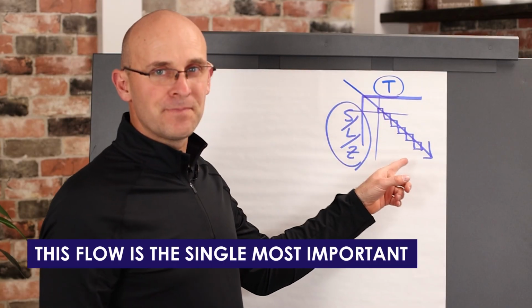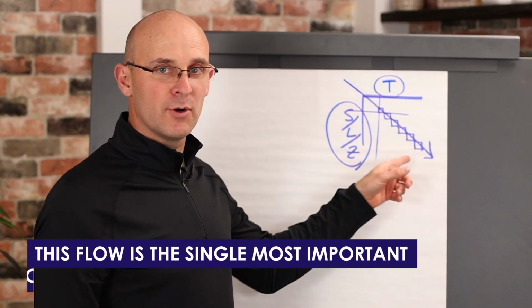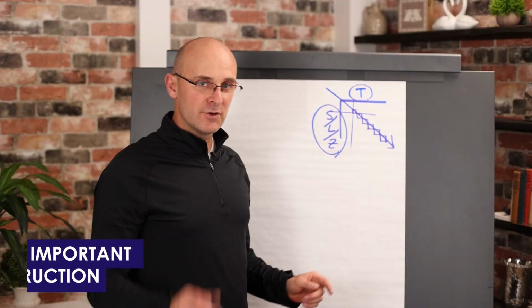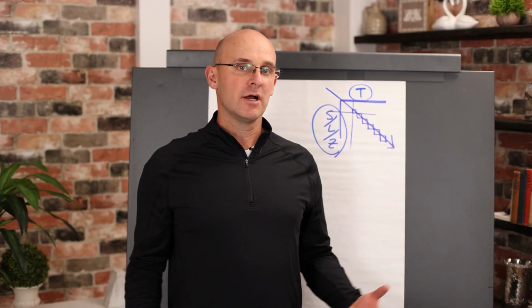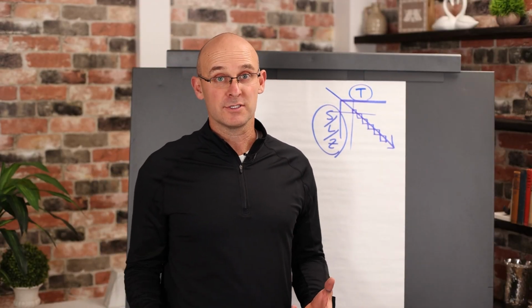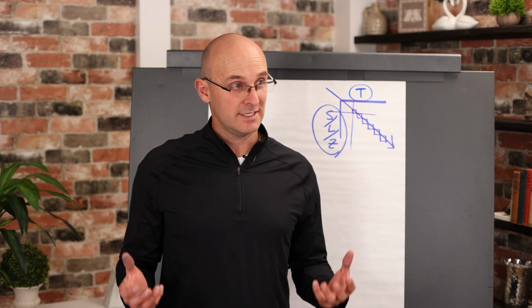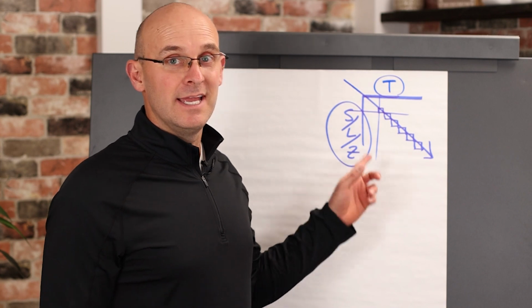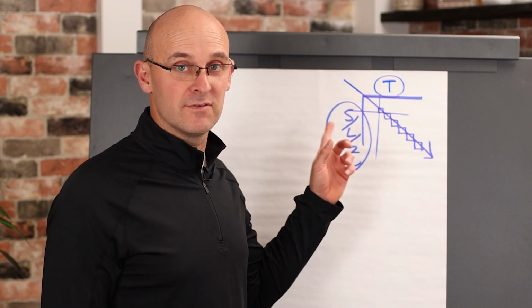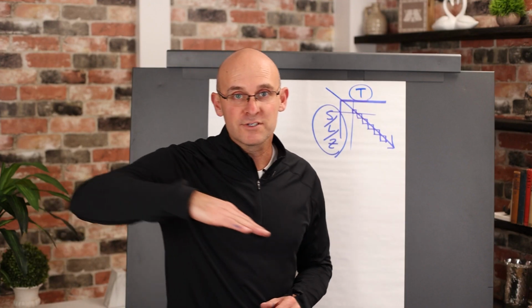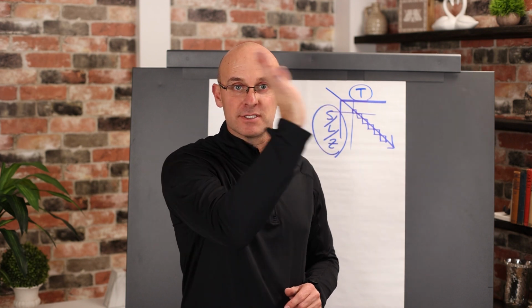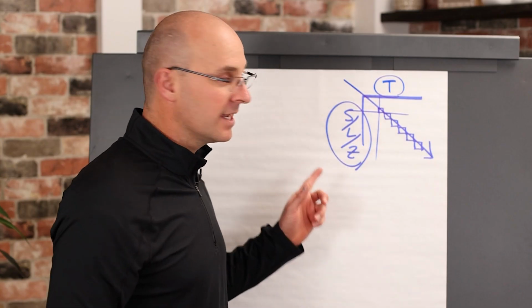This flow is the single most important metric in construction. If you're thinking about other lean concepts like the Toyota production system, they're lean and they're super profitable. Takt planning is the construction equivalent of the Toyota production system. What's flowing in the Toyota production system? The car. What's flowing in construction?